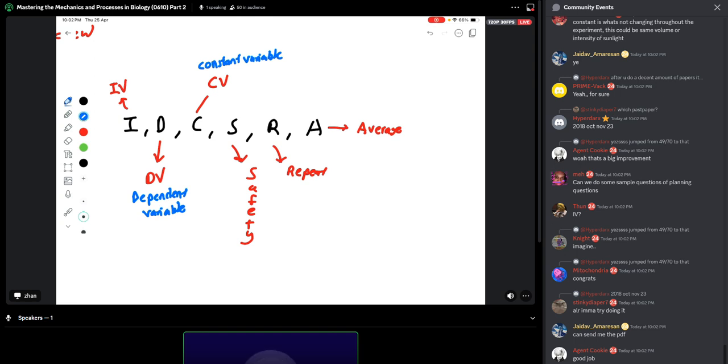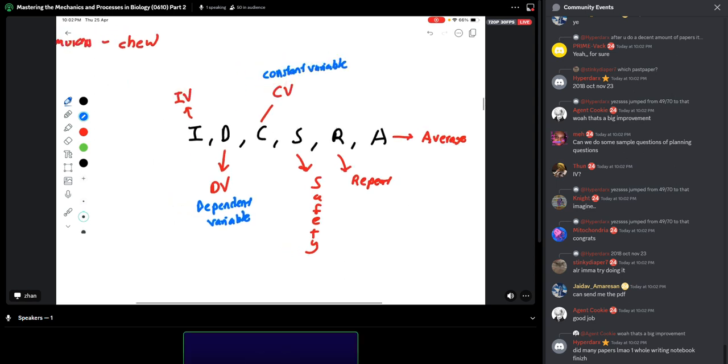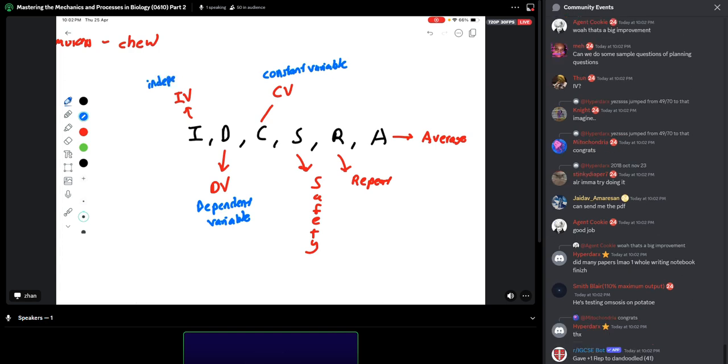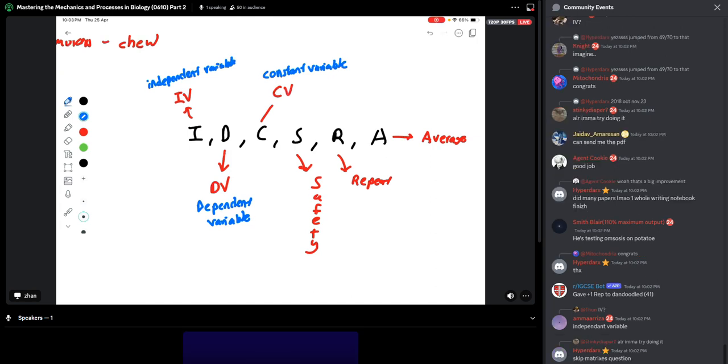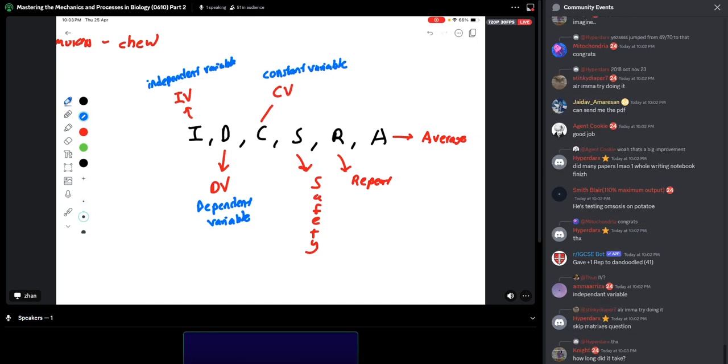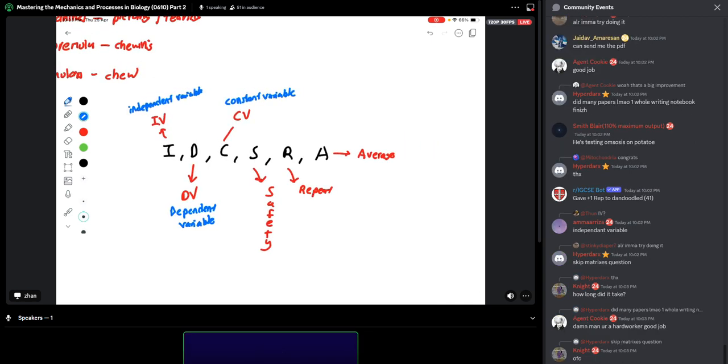The size of the potato must remain the same, so that you do not have different sizes. Everything has to be constant, because the IV, the independent variable, must be the only one that affects the entire experiment. You get what I mean? So this structure is very helpful.